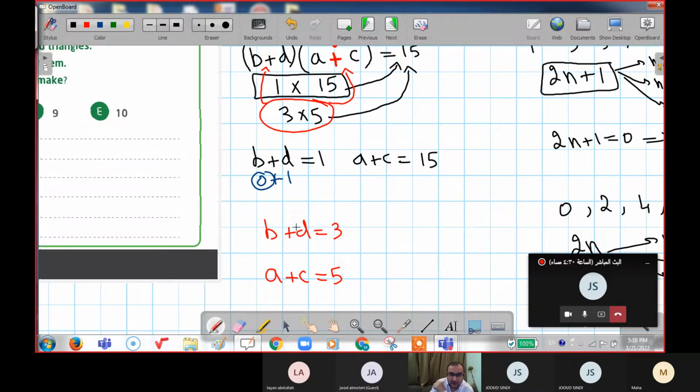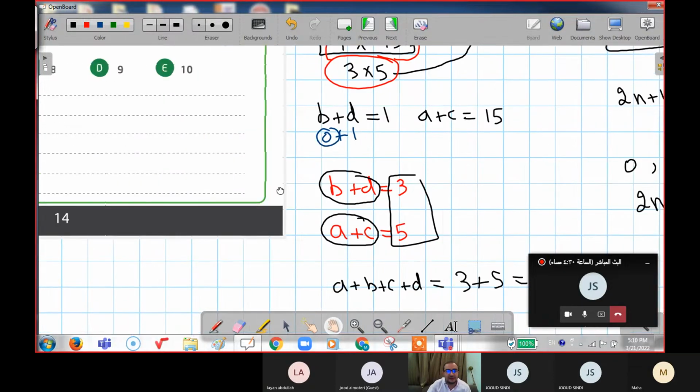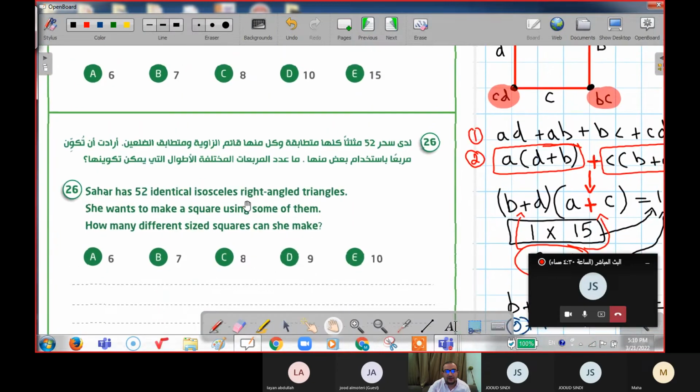If you add the first side with the first side in the second line, you will get A plus B plus C plus D, and the second side is 3 plus 5 equal to 8. So our solution is which one?